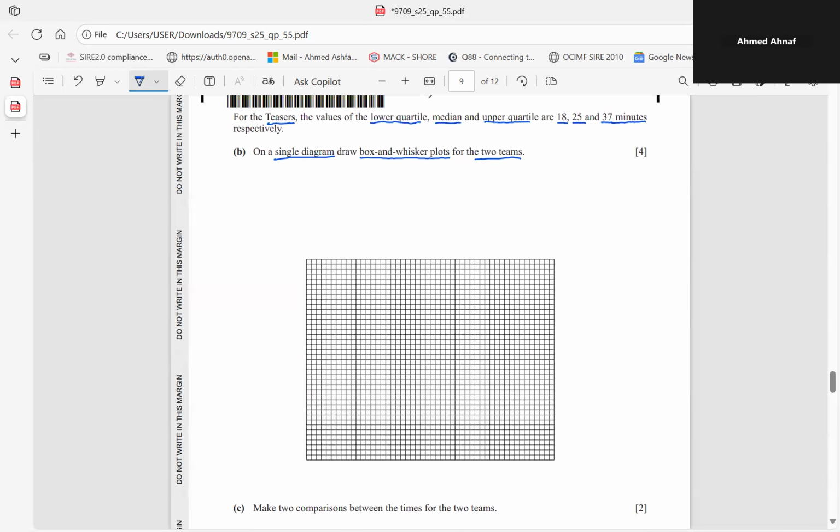To draw a box and whisker plot, this first line would be your minimum, and then the box would consist of your Q1, which is your lower quartile, your median, and then the other end of the box would be your upper quartile. And then the last line would be your maximum point. So with that, let's start plotting our box and whisker plots.